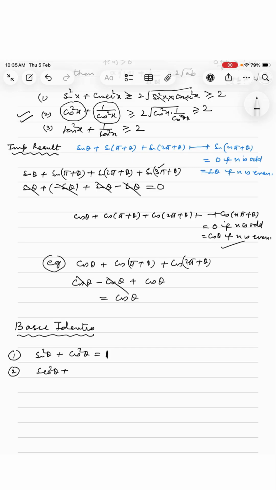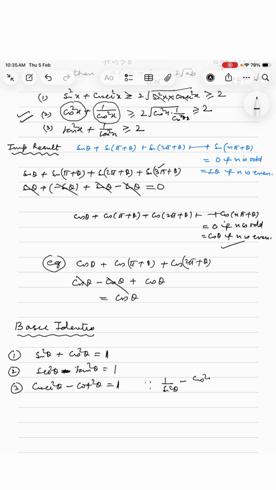Similarly, secant square theta minus tan square theta is always 1. Then after that, cosecant square theta minus cot square theta is also equal to 1. Because cosecant square theta means 1 by sine square theta.